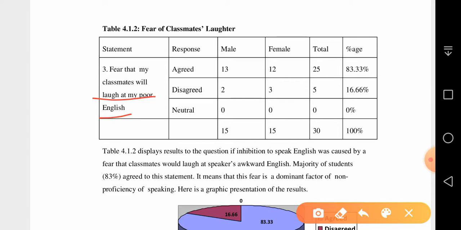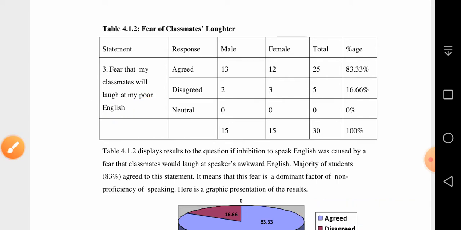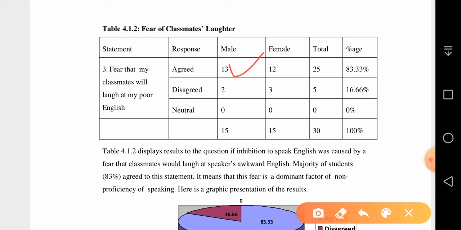So 30 students provided responses to it. The question was, I feel afraid and I don't speak English because my classmates will laugh at me. Students were supposed to tick strongly agree or strongly disagree like this. So 13 male students agreed and 2 disagreed, and there were no students who were neutral.